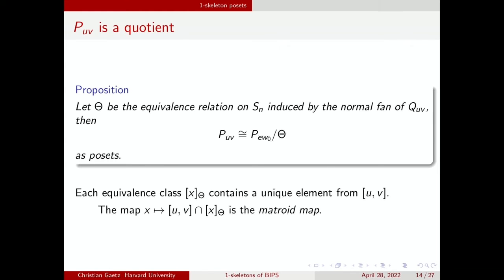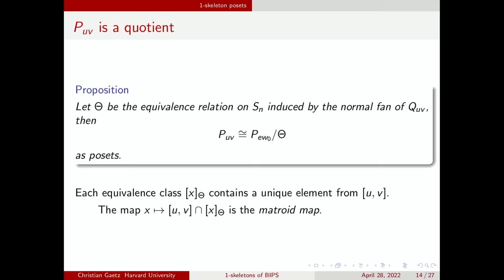So first, we're thinking about this poset. This is saying my poset that I care about is really a quotient of the weak order by some equivalence. If you remember before, our normal fan is going to coarsen the braid arrangement, so I'm going to be identifying some permutations together as a class. This is saying that if I take the quotient of the weak order with respect to that equivalence, I get the poset I care about.